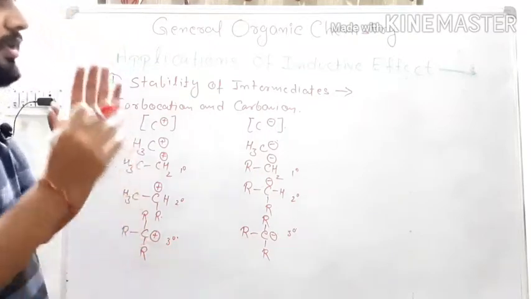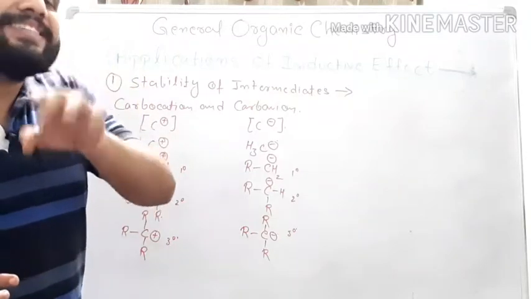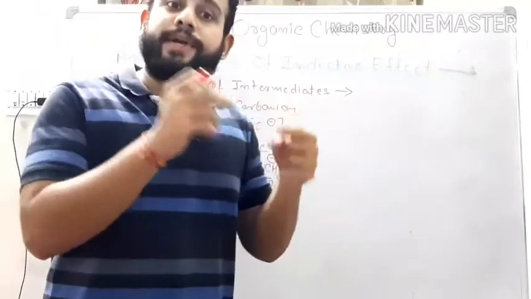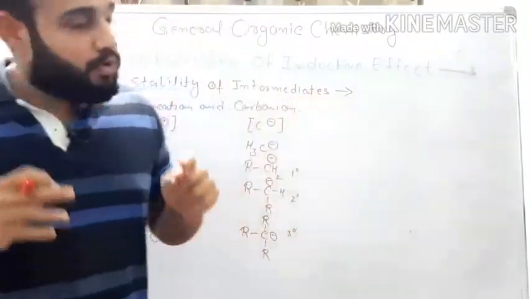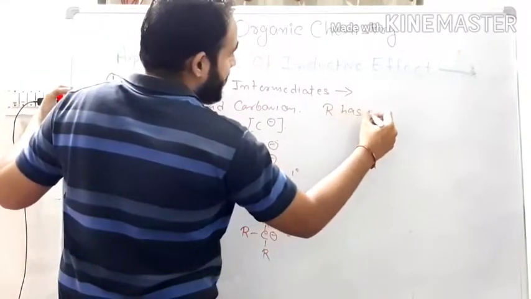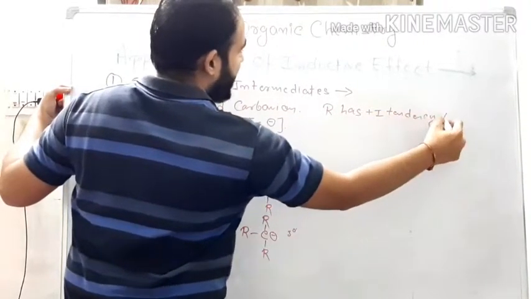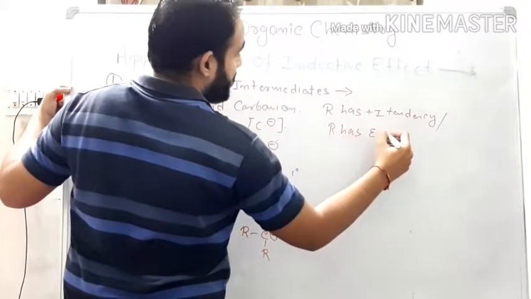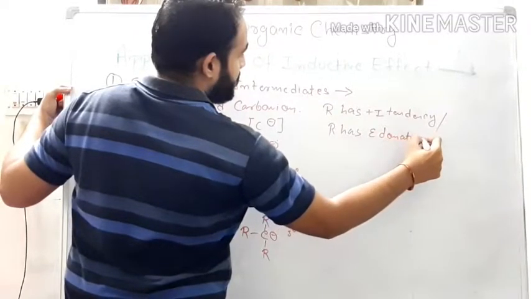Now friends, you know very well that the alkyl group has a plus I effect. It means it shows an electron donating tendency towards the carbon chain. Okay, so R has plus I tendency, or we can say that R is an electron donating group.